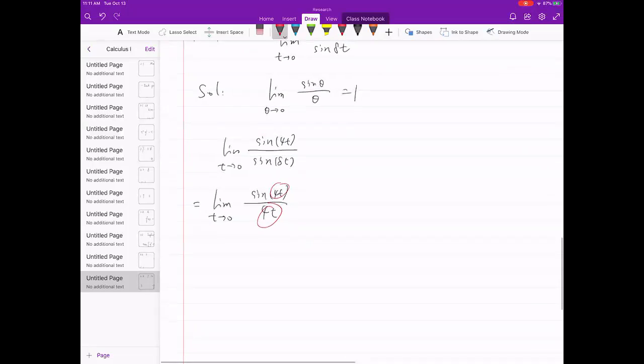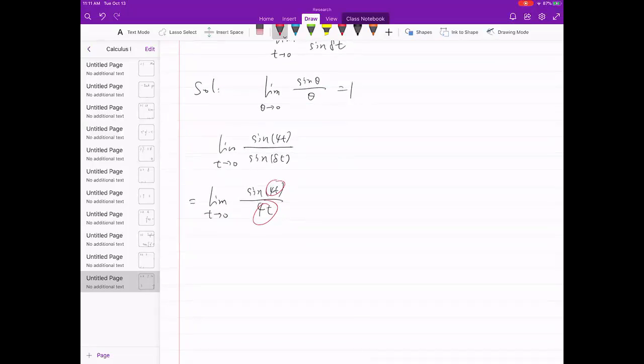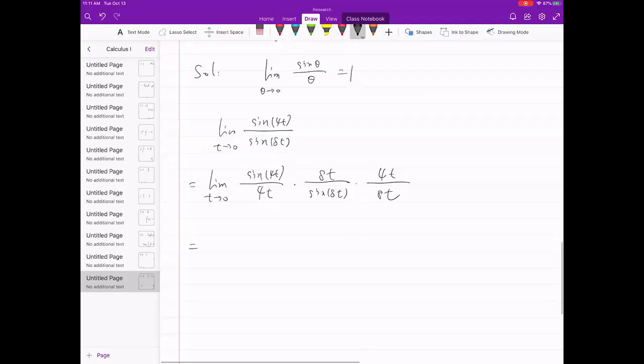So when you do it, it becomes 1. Okay? So you manually add 4t there to make this happen. You manually add an 8t here to make this happen. But then you cancel the 4t you just added. You cancel the 8t you just added to make sure you stay the same. 1, 1, which is 1/2. Sounds good?